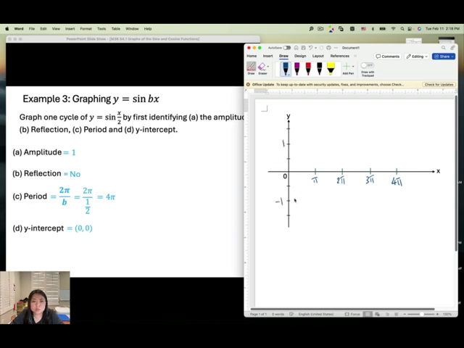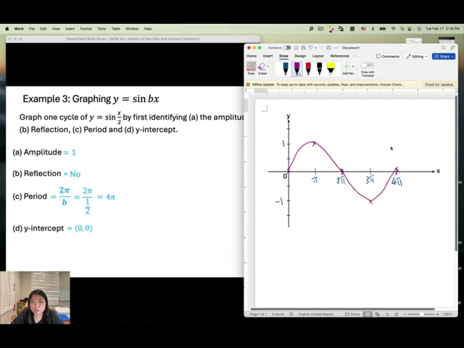Now, my y-intercept is always starting from 0, 0. And then here, pi and 1, 2 pi, 3 pi, and 4 pi here. Okay, so my graph is going to look like this.